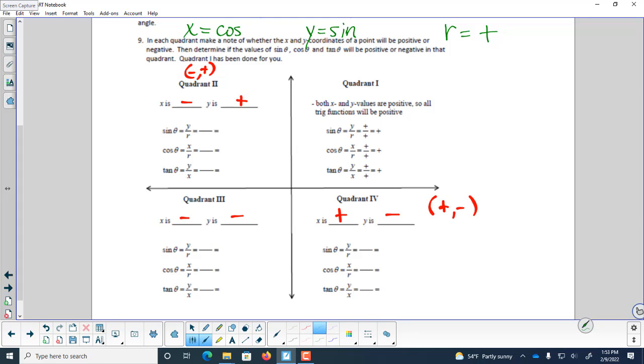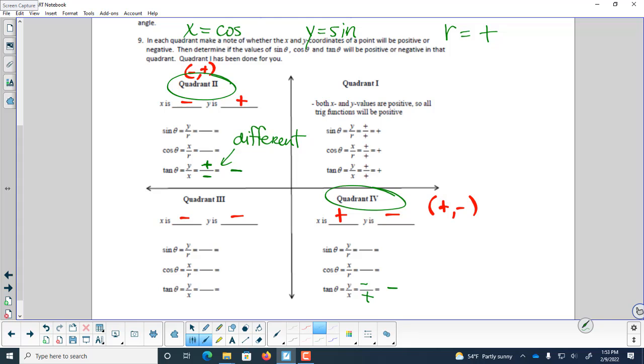And then look at tangent. Tangent depends on y and x. So if x and y, did you fill these in? Okay, so in quadrant 2, x is negative and y is positive. So notice these two signs are different, right? And that's in quadrant 2, x and y have different signs. And in quadrant 4, x and y have different signs.